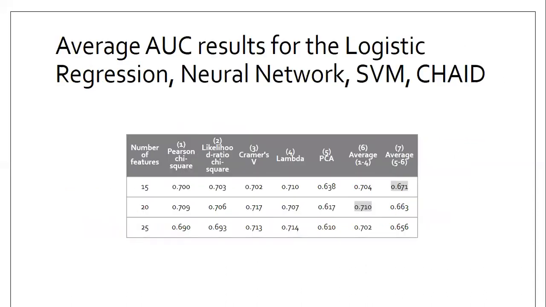And now let's have a look at average AUC results for the logistic regression, neural network, SVM, and SHADE. And as you can see, the highest value is for 20 features when we're taking into account the average of the first 4 criteria.